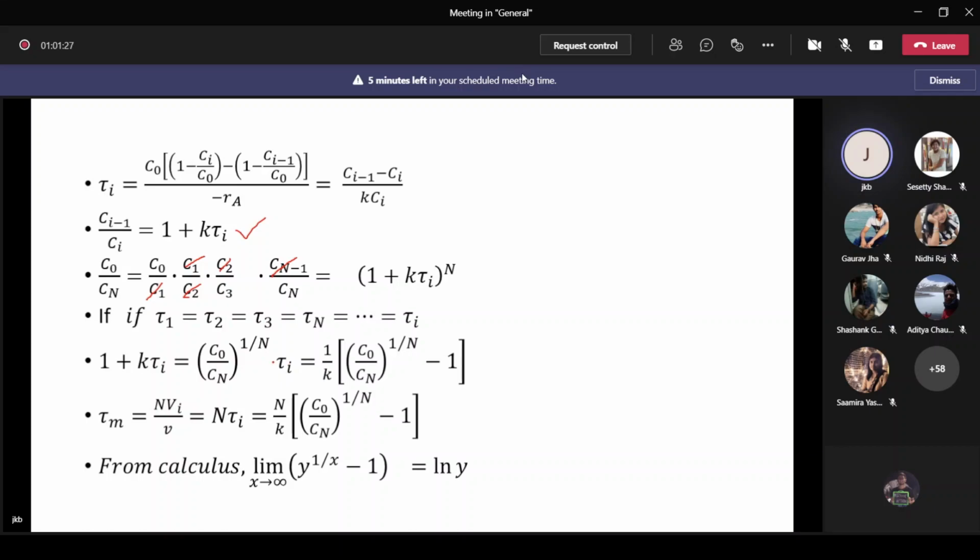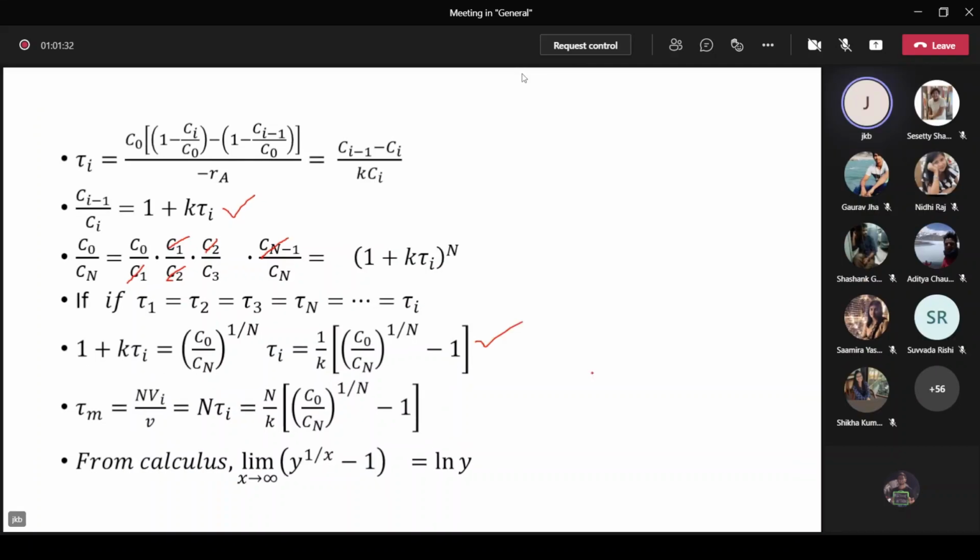This is just changing the terms from left hand side to right hand side, then divided by k, it is coming like this.